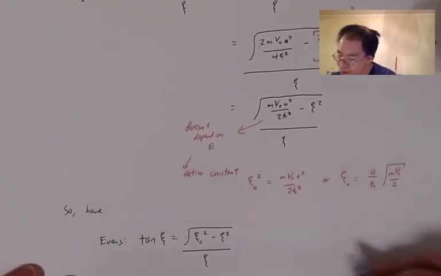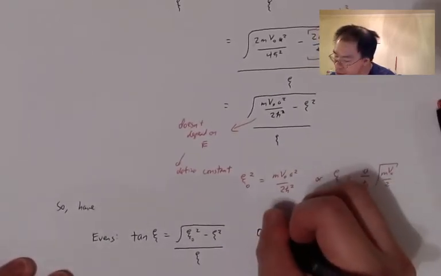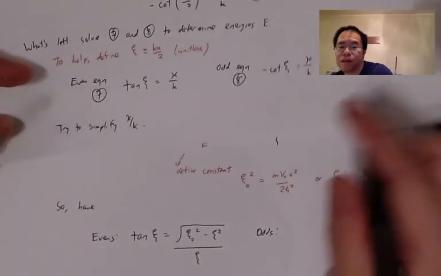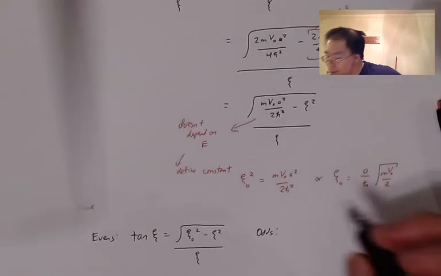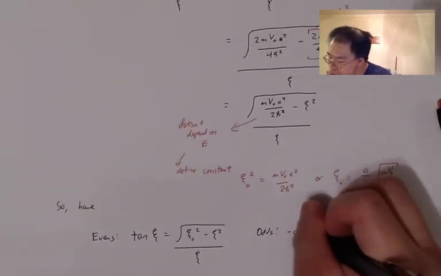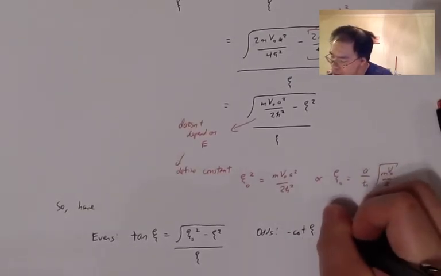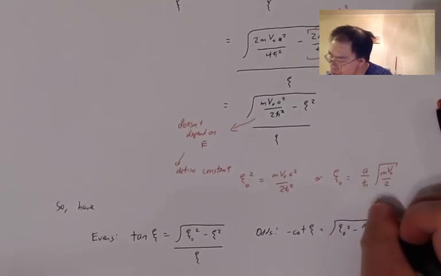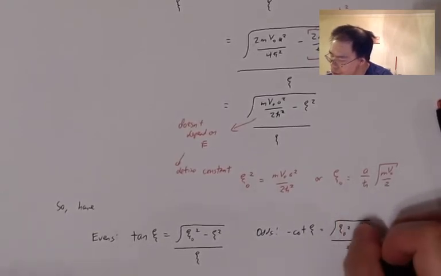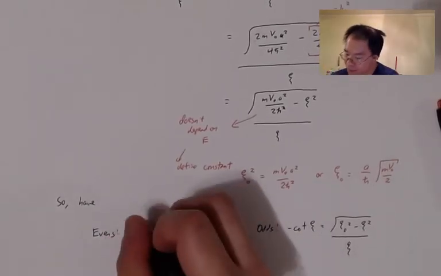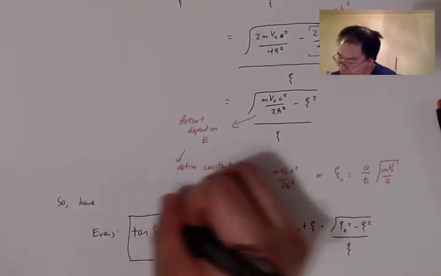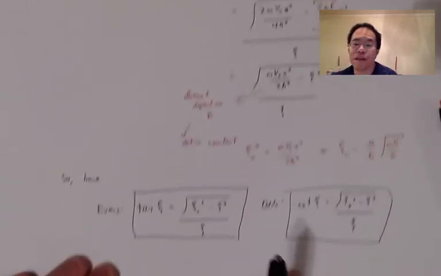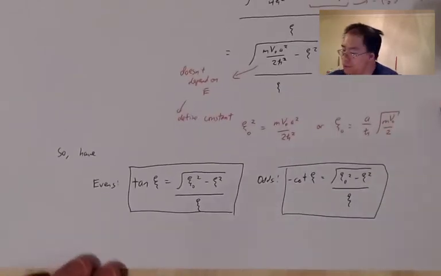And for my odds, from my odd equation, here I have minus xi cot xi equals the same thing, the square root of xi naught squared minus xi squared over xi. So these are now transcendental equations for xi.